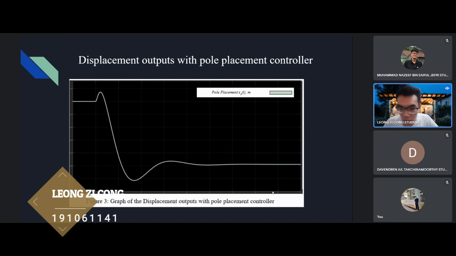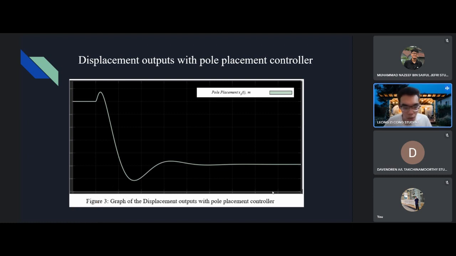We can have a look over here. This is for only the pole placement controller. We can see that this is for displacement. Supposedly, when we have an input of 1, 2, 3, 4, the output should be the same as 1, 2, 3, 4.